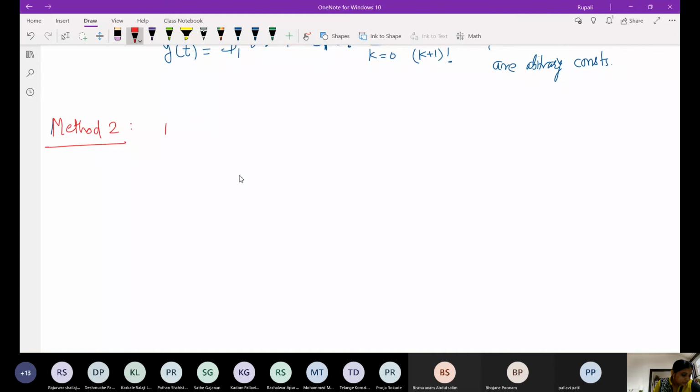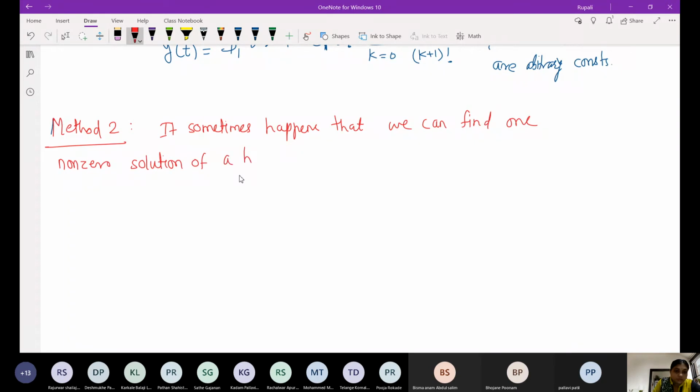So method 2: it sometimes happens that we know one solution of a homogeneous equation.